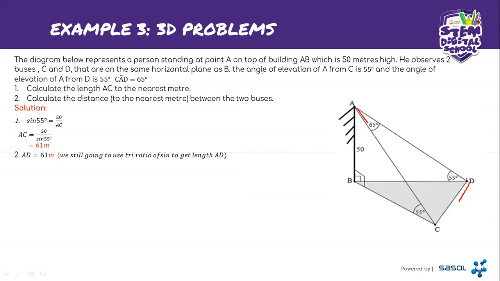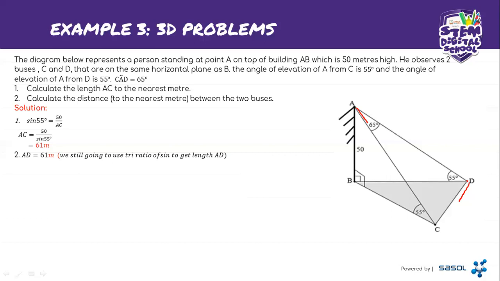Then we're going to use the same process that we used when calculating the first question. You can see that in this triangle ABD, we have an angle which is 55 and the side is 50. Hence, the distance of AC equals the distance of AD, right?